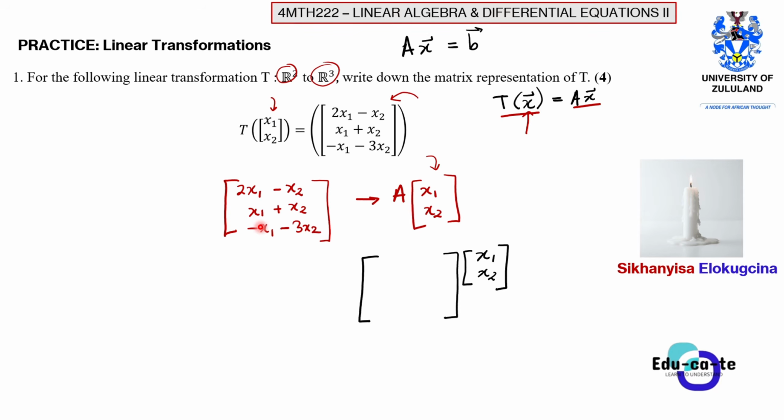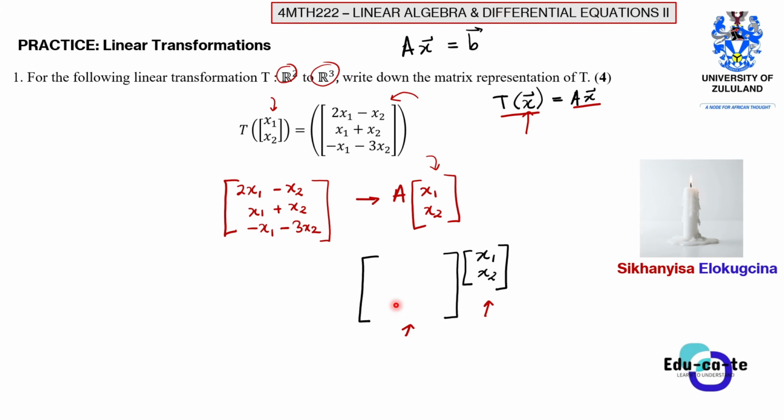Remember that for matrix multiplication to be defined, the number of columns of the first matrix must be equal to the number of rows. In this case, we have two rows in this vector, so we must have two columns in the matrix so that the multiplication can be defined.